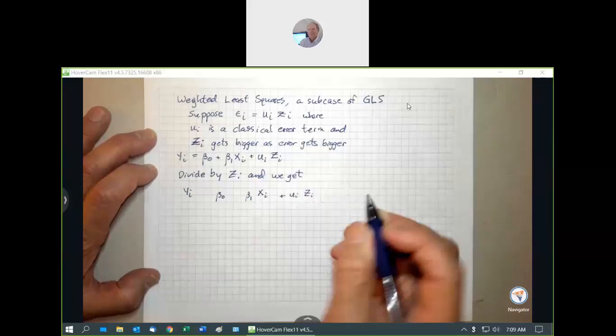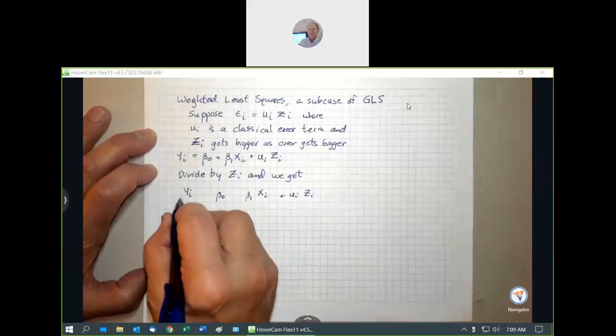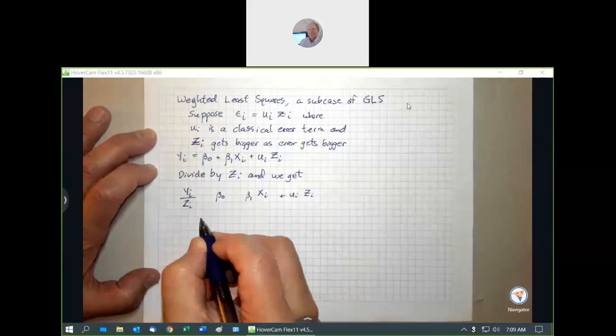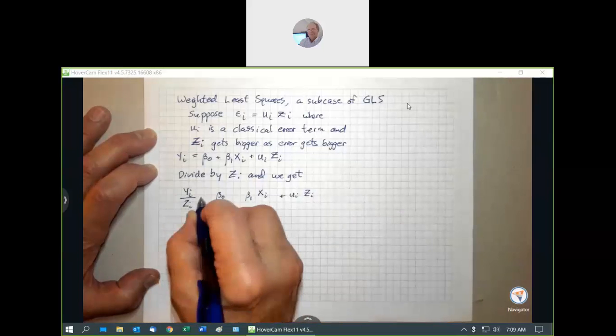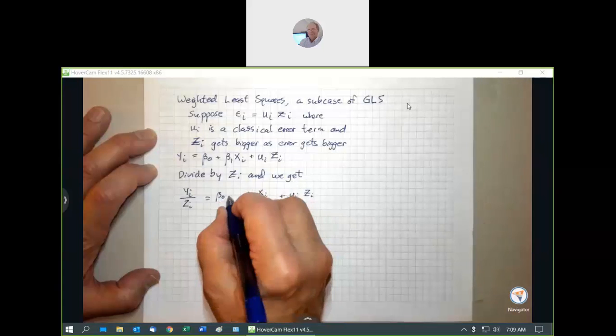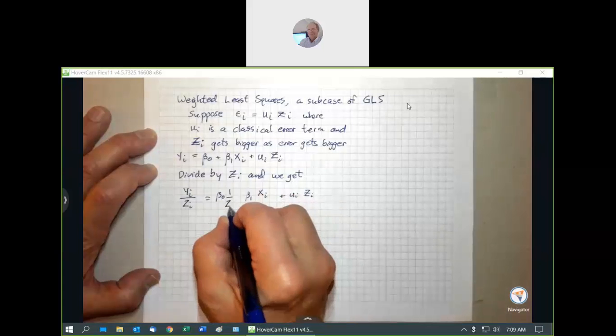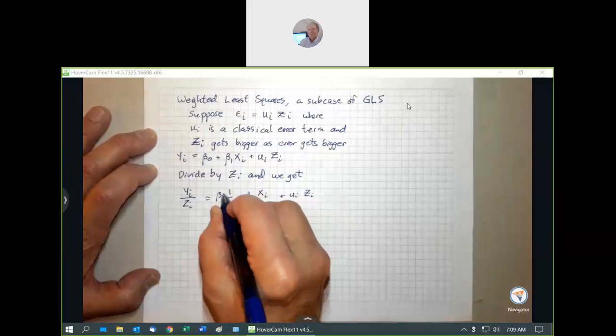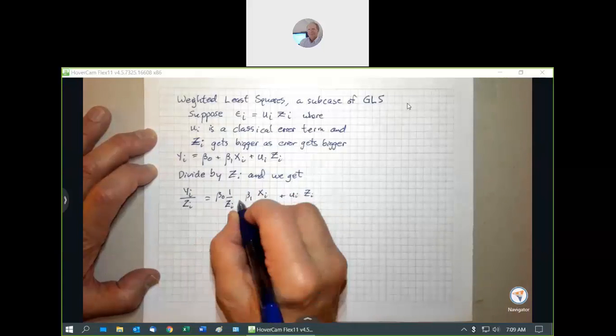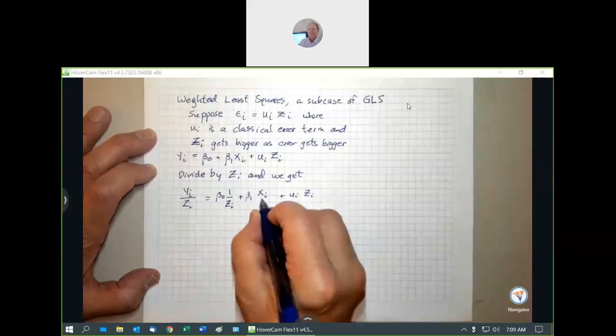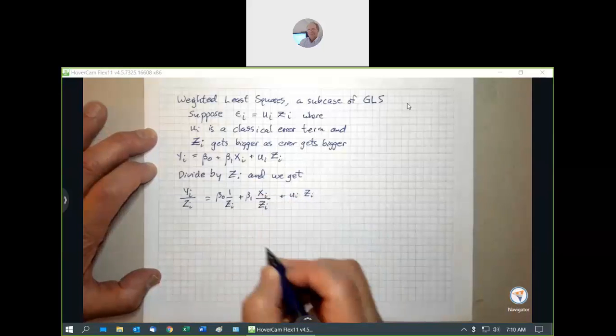See how we're making room for everything here? When we divide through by zi, then what we're going to have is beta 0 divided by zi, and for notational convenience, we'll just make that 1 over zi. Plus beta 1 times xi over zi.